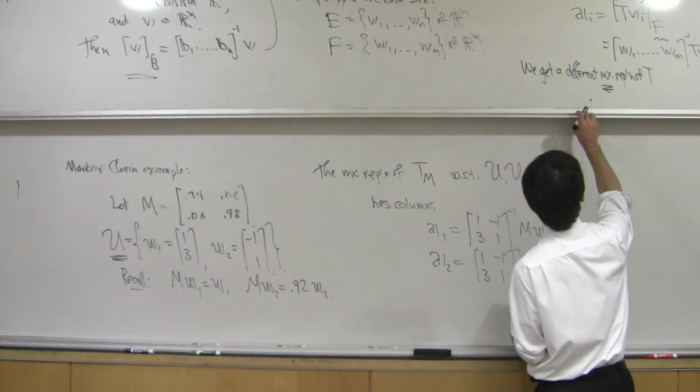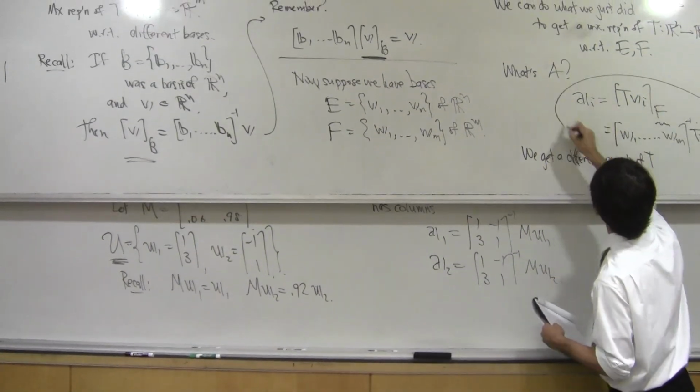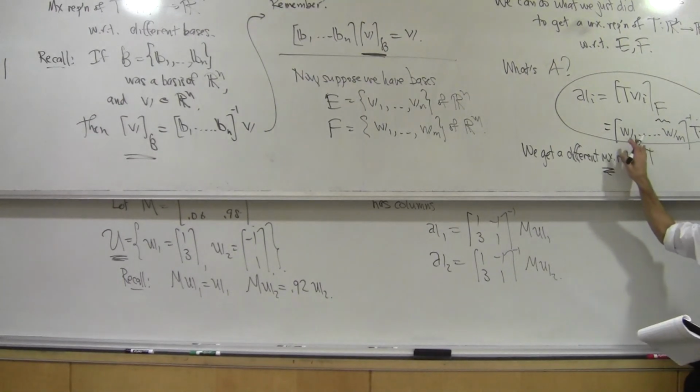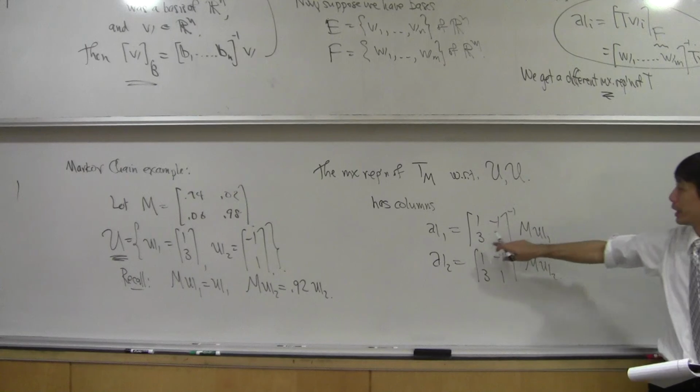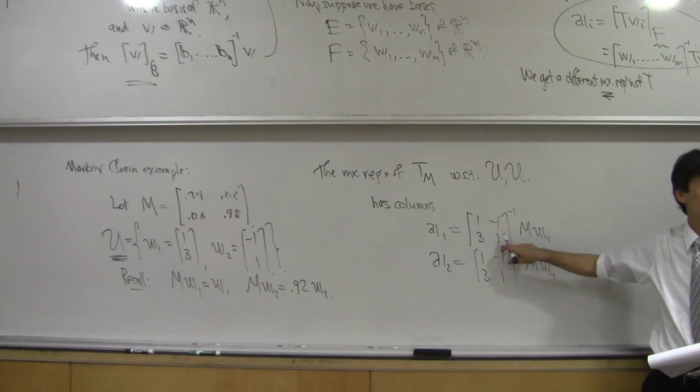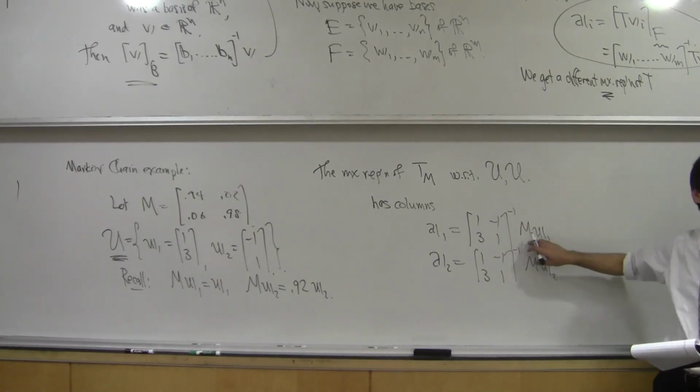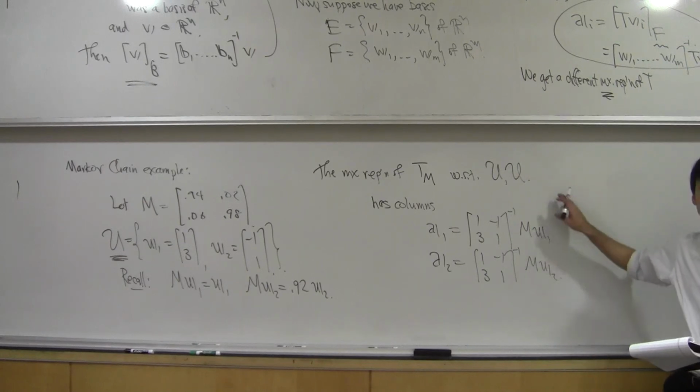We take our basis elements, put them in a matrix, invert it, and multiply by MU1 and by MU2. We use those as the columns.